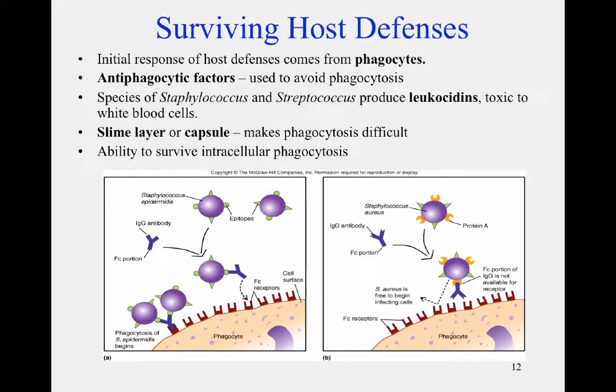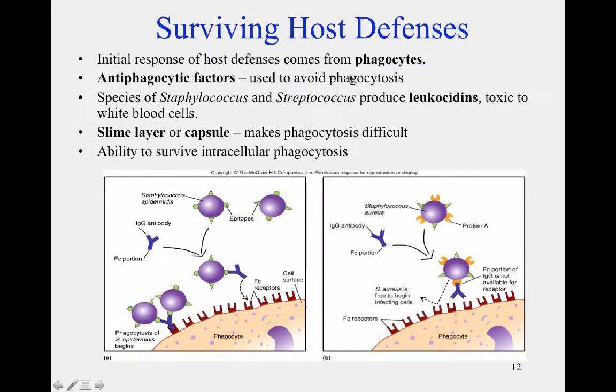Now, when the pathogen enters the host through a portal of entry and attaches to the host cells, then you have the initial response of the immune system of the host defenses from white blood cells called phagocytes. Now, because this process is a native, natural immune response, there are some clever pathogens that have evolved the ability to produce what we call anti-phagocytic factors.